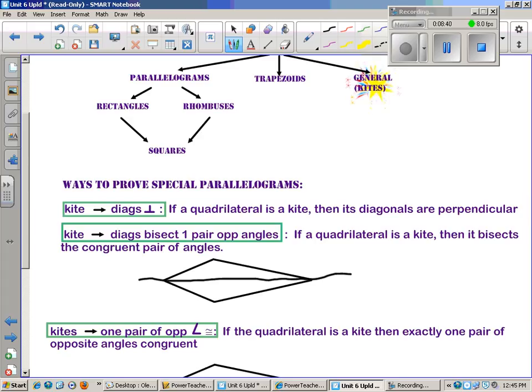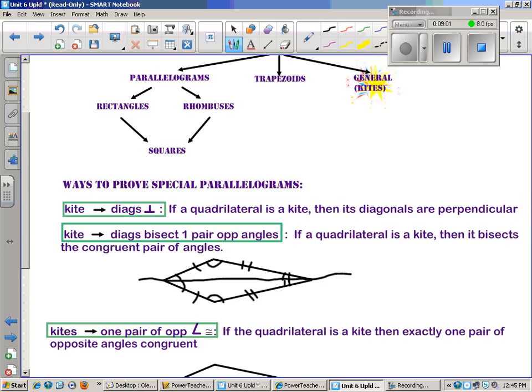Which means then that like this side is equal to that side, this side is equal to that side, this angle is equal to that angle, this angle is equal to that angle, this angle is equal to that angle, right? Everything is a mirror image.